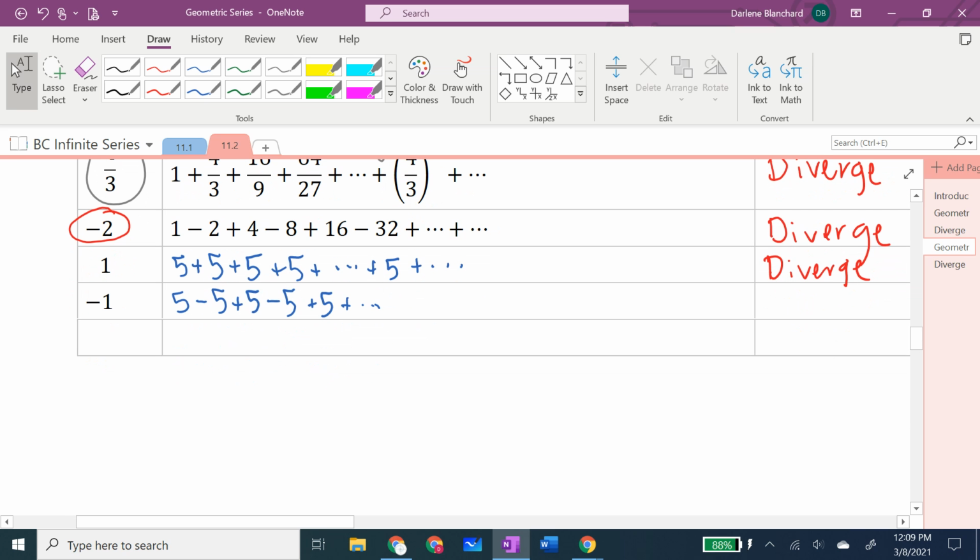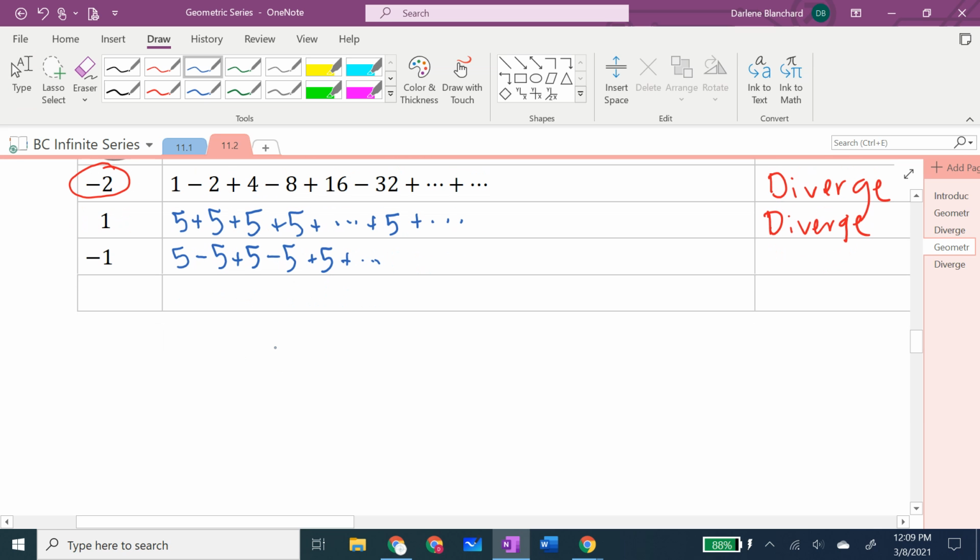So in this case, the first term is 5. The second partial sum is 0. So my s sub 1 is 5, my s sub 2 is 0. Then my s sub 3 goes back to 5.